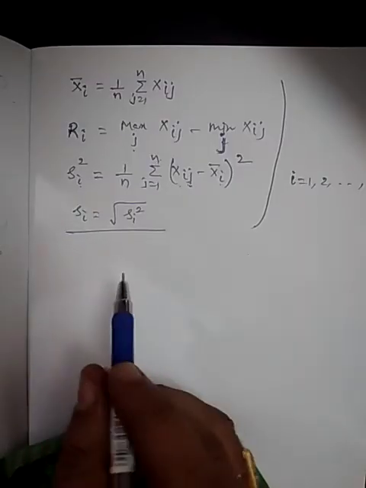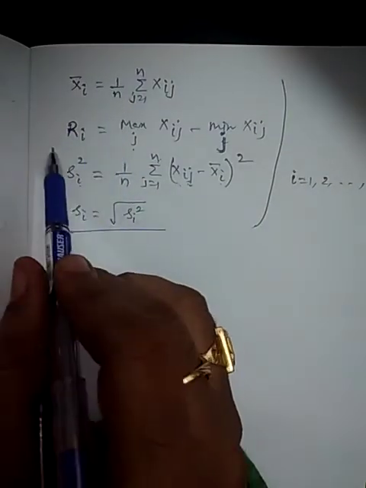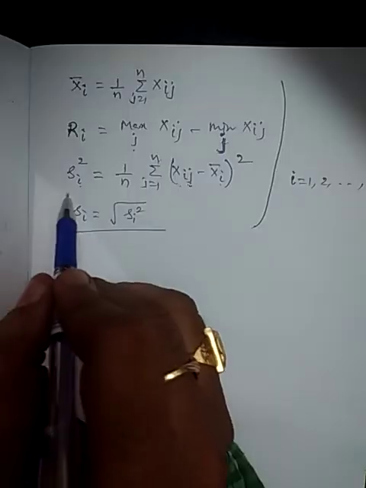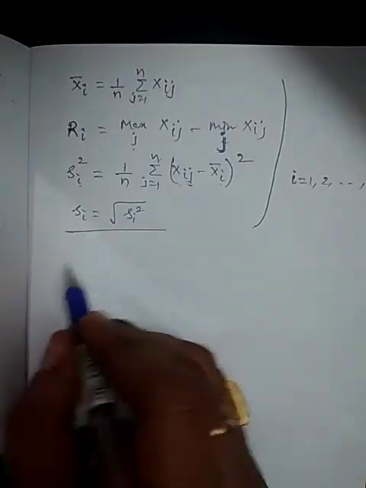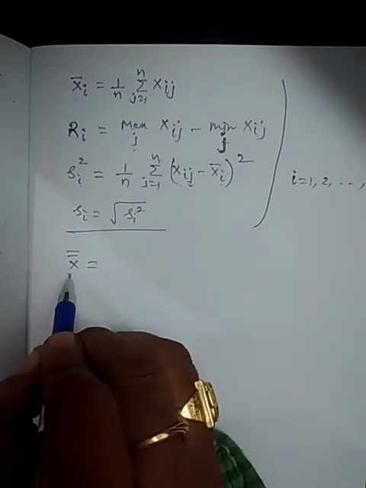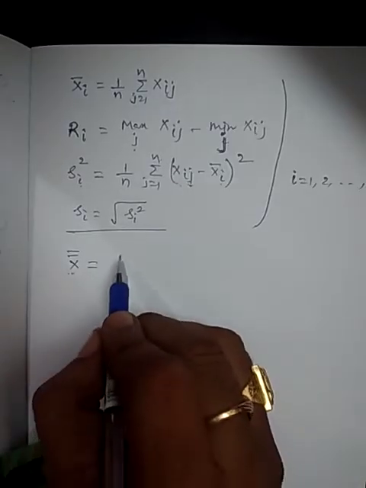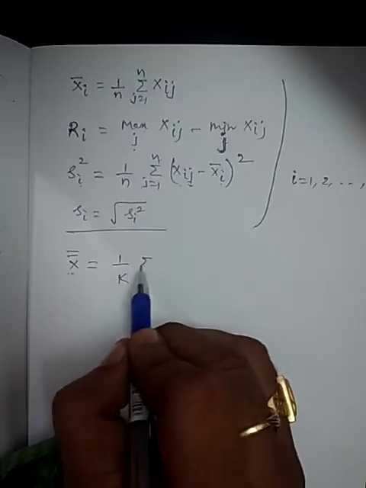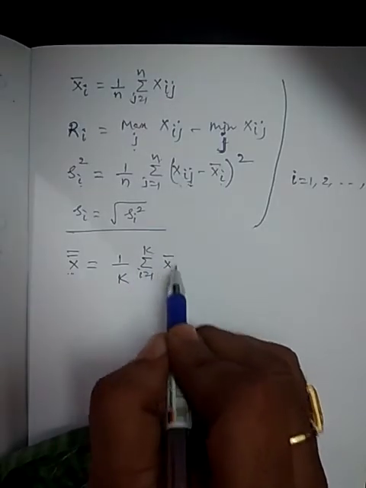Now we have to find the mean of these means, the mean of these ranges, and the mean of these standard deviations, which we calculate using the formula. X double bar, the mean of all means, is calculated by 1 by k summation i is equal to 1 to k x bar i.